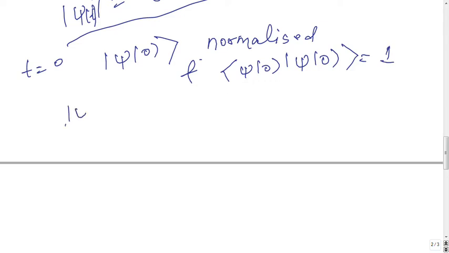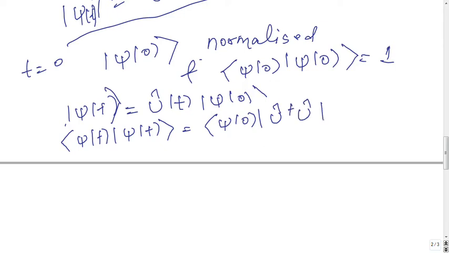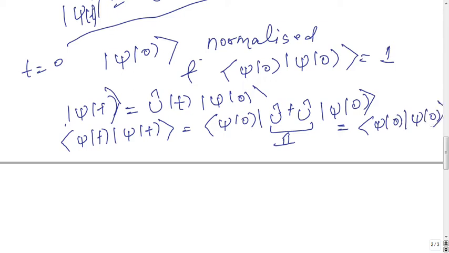Then xi of t is given by the unitary operator applied on xi of 0, and if I take the inner product of xi of t with itself, it would be xi of 0, U dagger U, xi of 0, and you know U dagger U is the identity operator, so this would be 1.